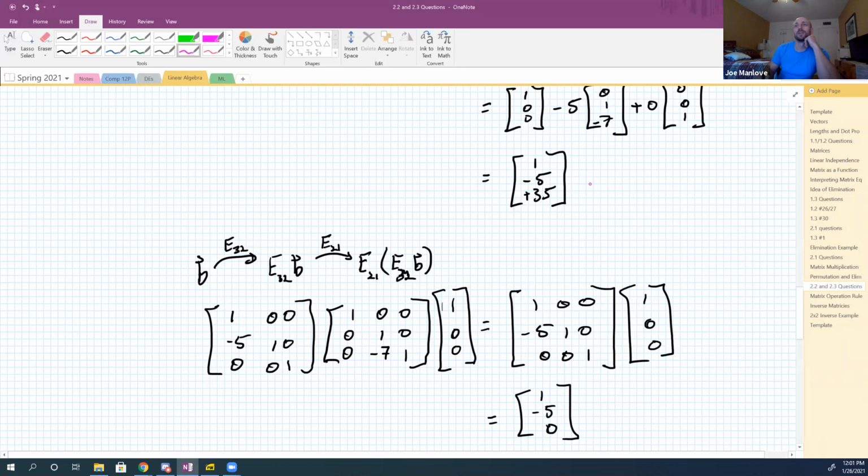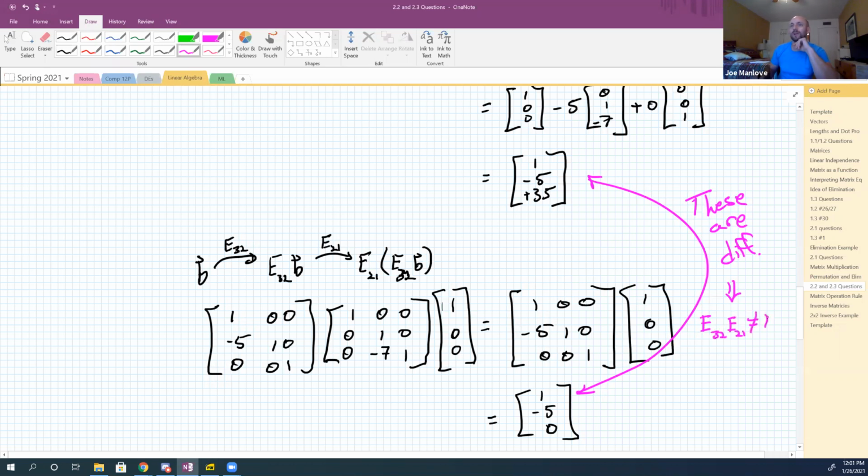And then I notice that these are different, which implies that E32 E21 is not the same as E21 E32. You guys see that? Function composition, the order really matters. It's still associative, right? But the order matters. You guys good with that?